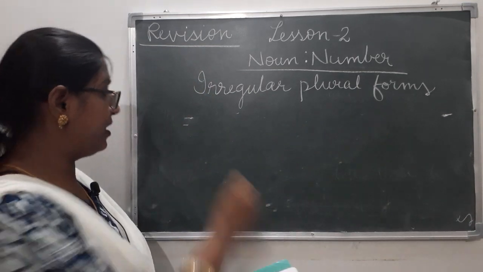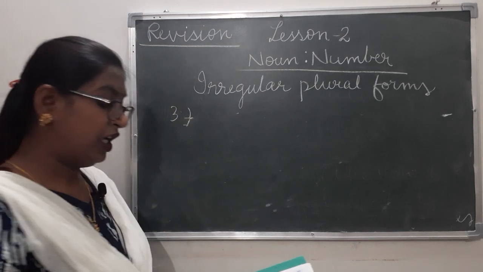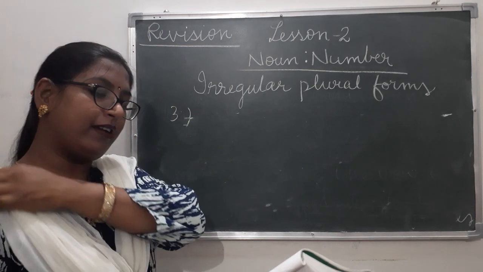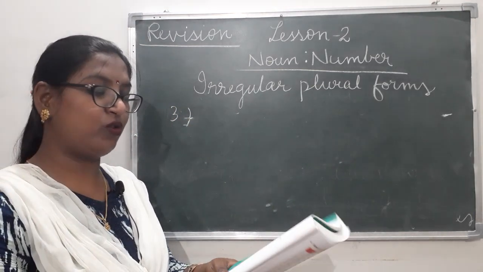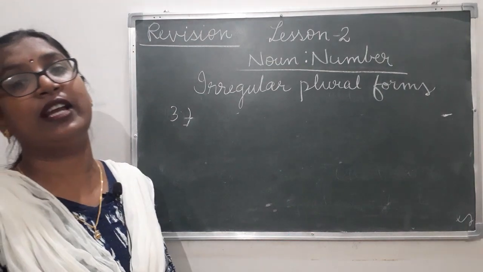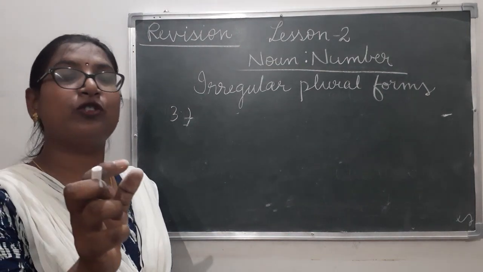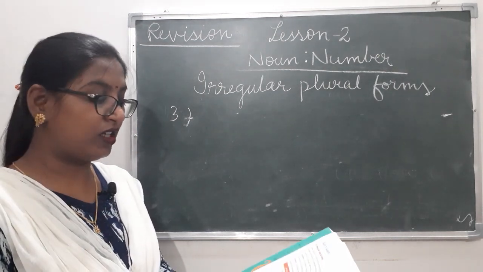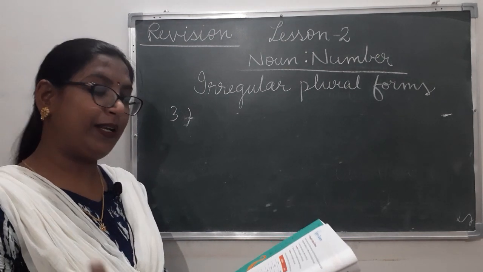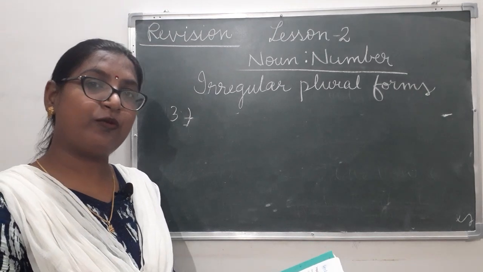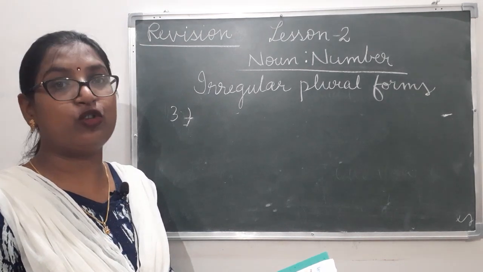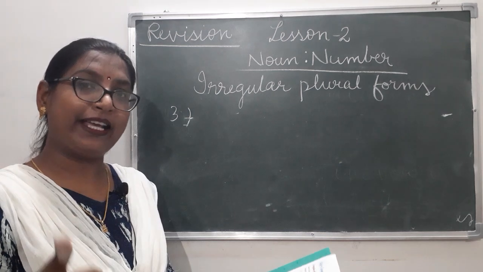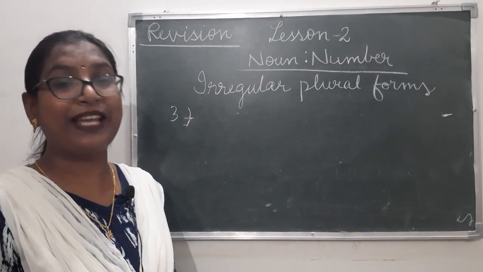Let us see the next rule. The plural ending s is added to the principal word in compound nouns. Compound nouns means combination of two or three words. When we have to make the compound noun into plural form, we add s with the principal word, with the main word.